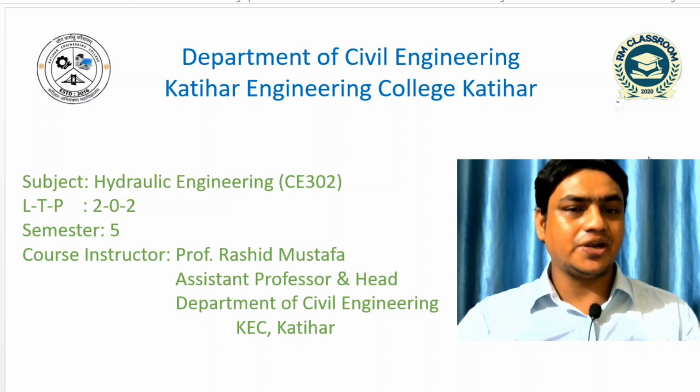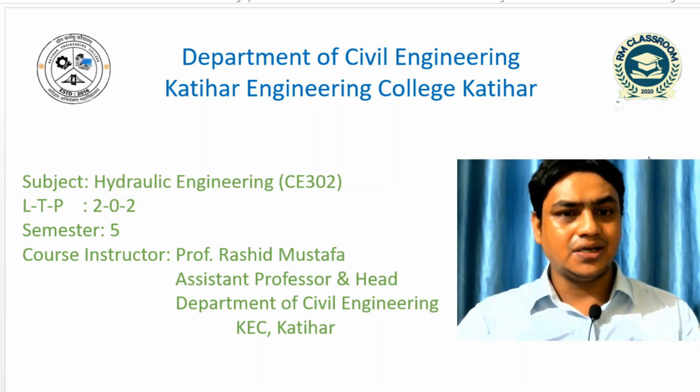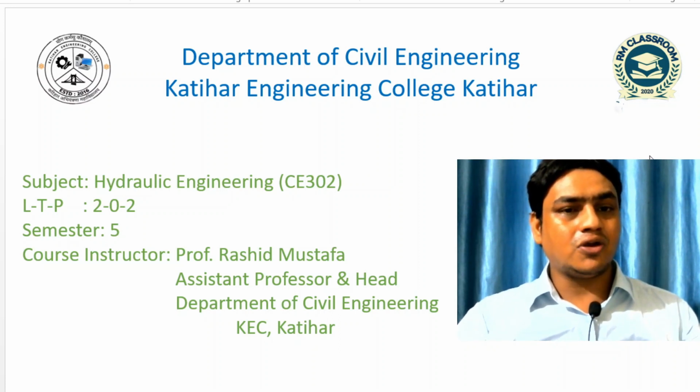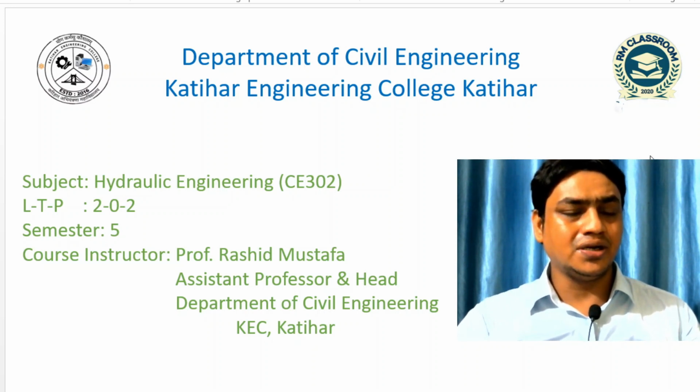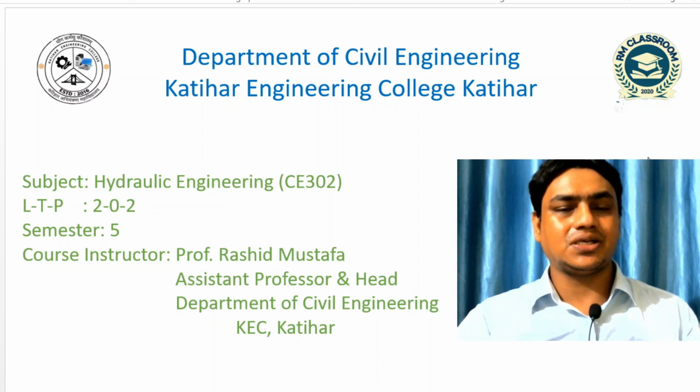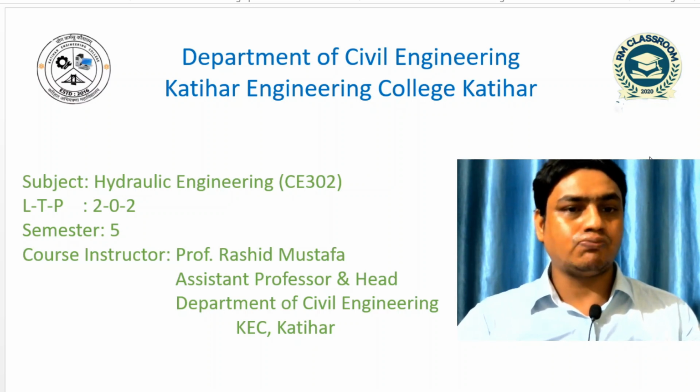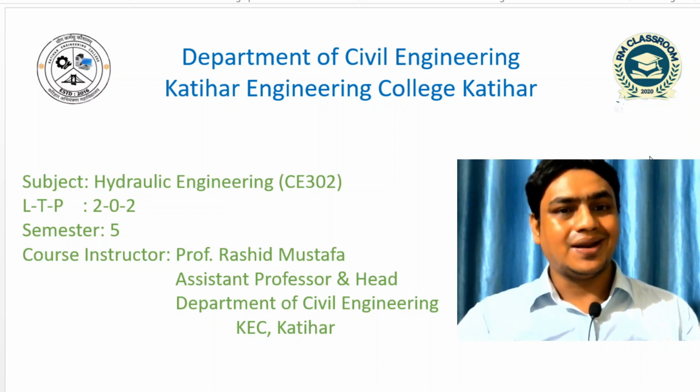The fourth boundary condition, at y is equal to delta, the derivative of local velocity with respect to y is equal to 0, because at y is equal to delta our local velocity is equal to capital U, and after that this velocity will be constant, so the derivative will definitely be 0. And the fifth boundary condition, at y is equal to delta, the second derivative of this local velocity will also be 0.